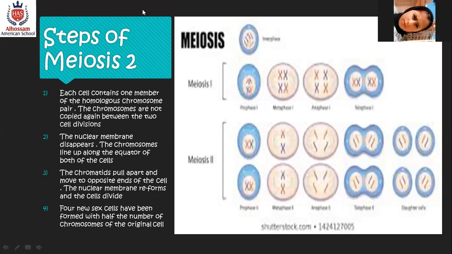Okay. So listen, guys, because you're always confusing this, what is the meaning of homologous chromosomes? At the beginning, before meiosis or before mitosis, before any division, a chromosome starts with one strand.